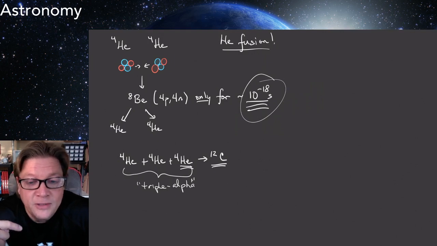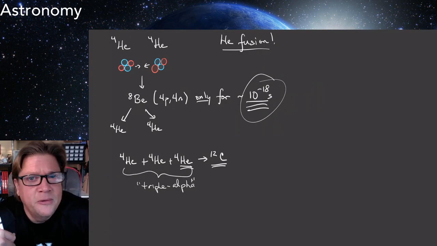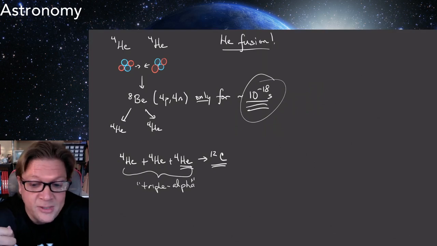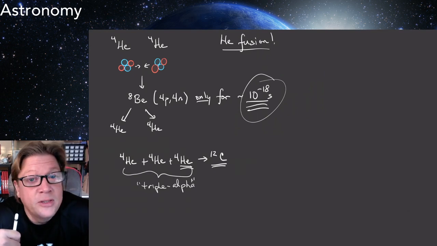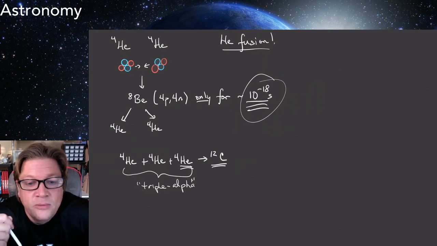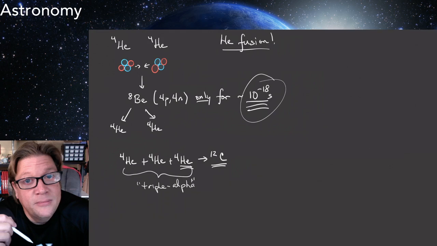If this is the way that stars operate, you could imagine that elements 3, 4, and 5 might be pretty rare in the universe because stars have a hard time making them. And we'll see next week that that turns out to be exactly right. When you look in the universe, elements 3, 4, and 5 are incredibly rare. So nature skips right over them, and stars generate from helium to carbon.